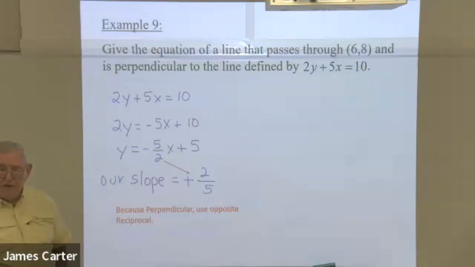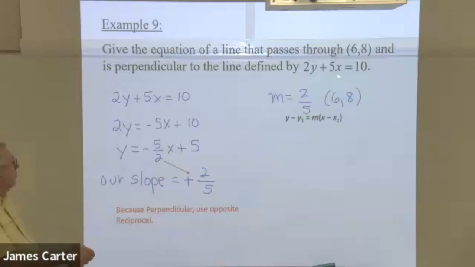What was my third step? Take this perpendicular slope and use the point slope formula with that value to get the equation. Here's our perpendicular slope. Here's our point. We're going to put it into the equation. We're going to solve it.